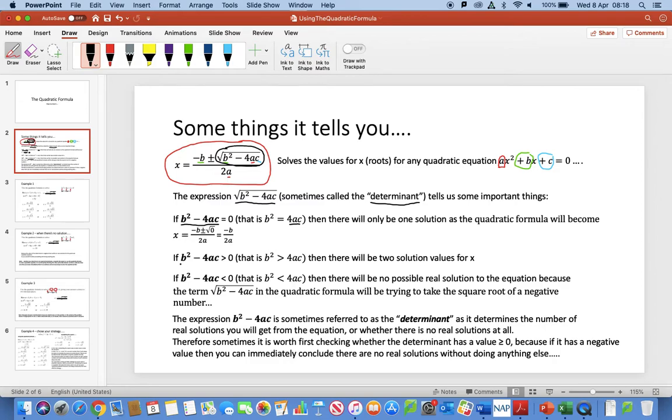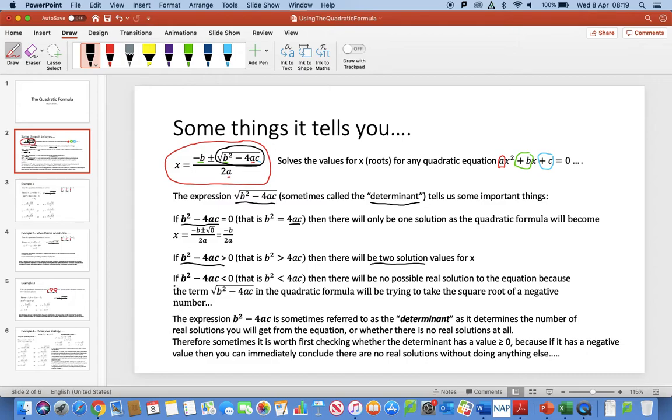Now, when b squared minus 4ac is greater than 0, what that means is that we're taking a square root of a number that is positive, and we're allowed to do that. Of course, what that means is if we're taking the square root of a positive number, that's when we know that the quadratic equation will have two solutions, because taking the square root of any number means that we can have a positive or negative answer.